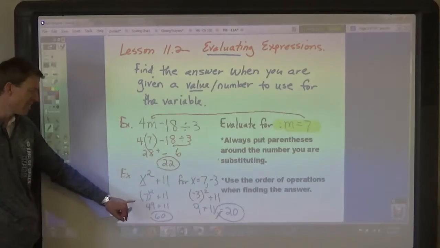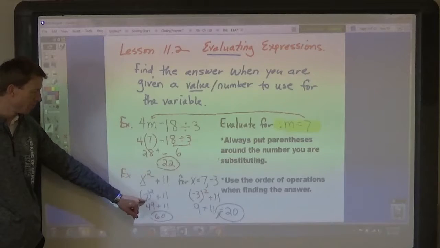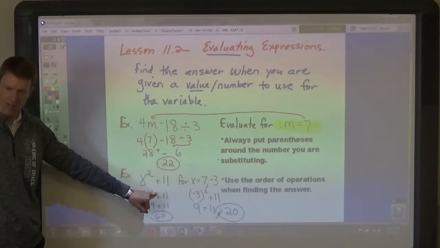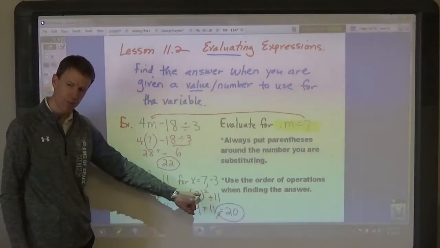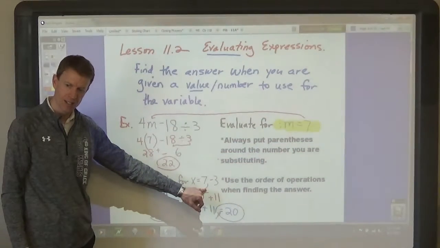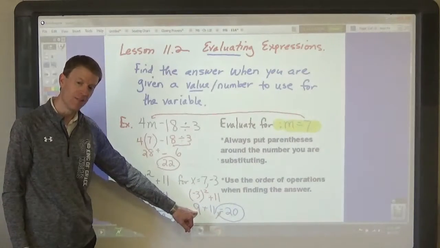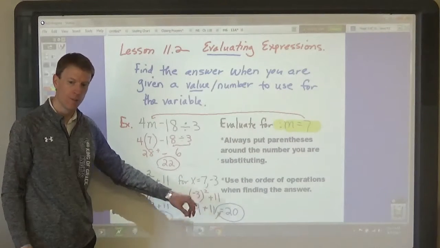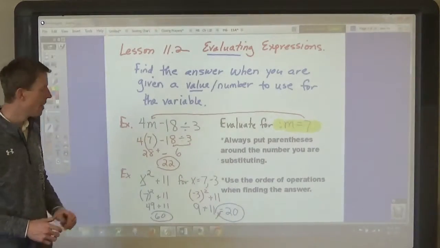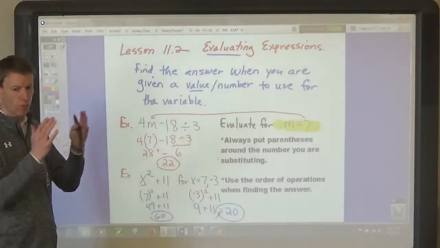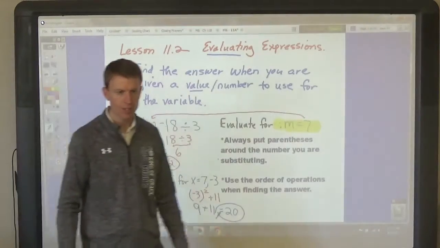In this case, it's not as important, even though it is important, because 7 squared is 49. But if you write this as negative 3 squared, and you put that into a calculator, it's going to give you the wrong answer. It's going to give you negative 9. But if you put parentheses around it, it gives you the right answer. It's kind of like putting the negative sign with the number when you put the parentheses around it. Like giving it a hug.